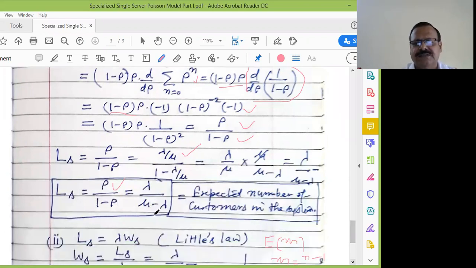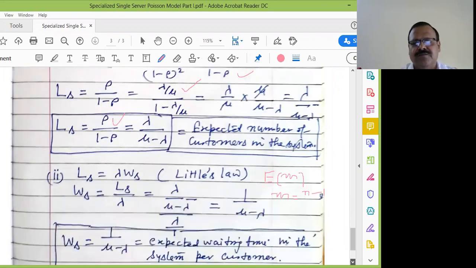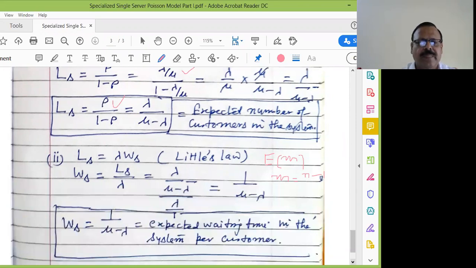Therefore Ls is here. Then we have one formula, if you remember, from a very prominent professor, Little: Ls is equal to lambda times Ws. So you compute the Ws first. This is Ls upon lambda. Lambda you are given, Ls we have computed. We simplify it.